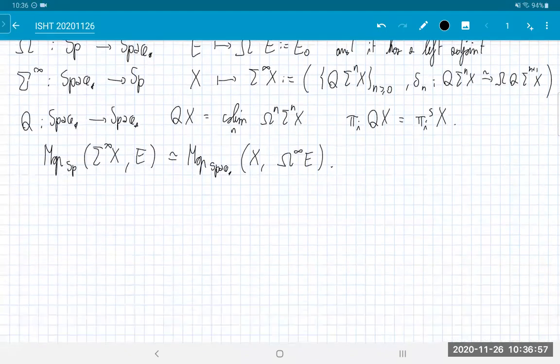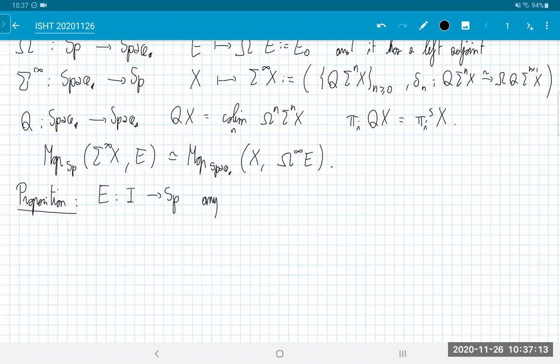Okay, so let me do first this proposition. Suppose E from I into spectra is any diagram.